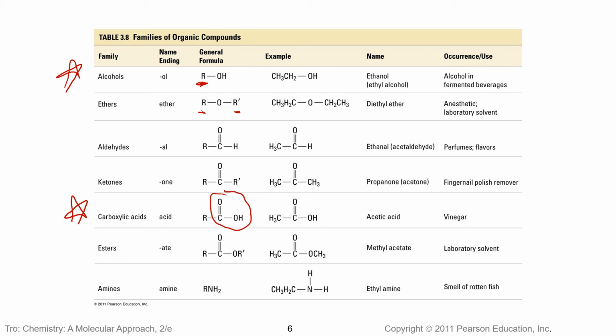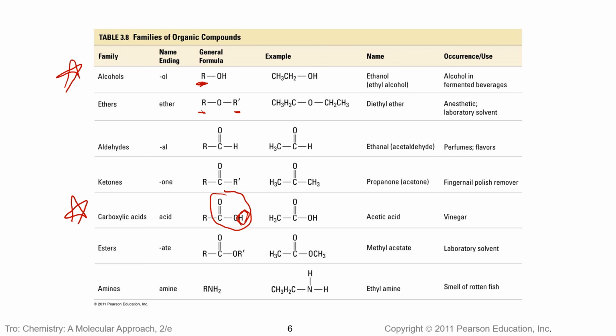This is a carboxylic acid. And one frequent or common carboxylic acid is acetic acid or vinegar. The reason that this is an acid is because this hydrogen dissociates, like we've talked about with the other acids. And we'll talk about further in later chapters.